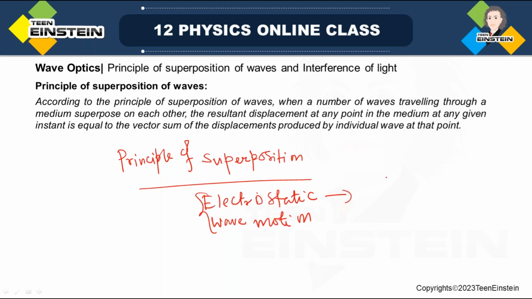See, in electrostatics, what we had learned, I'll just recap so that you can understand this principle here in wave optics. Suppose there are q1, q2, q3 and q4, etc. I want to calculate the electrostatic force, or Coulomb force, on q1 due to all others. At that time, we looked at the forces individually, each pair at a time, and when we calculated forces between each pair, we neglected the presence of all others.